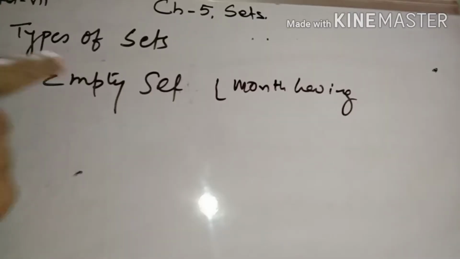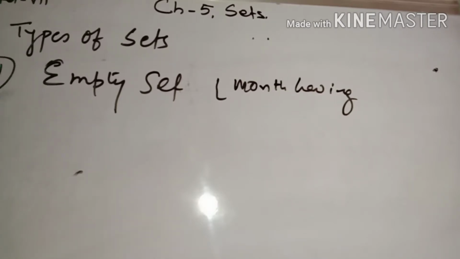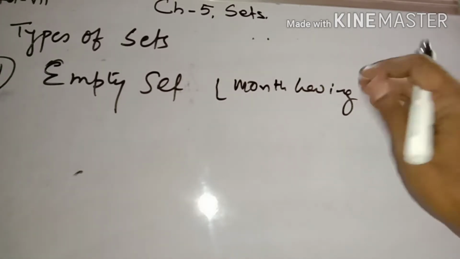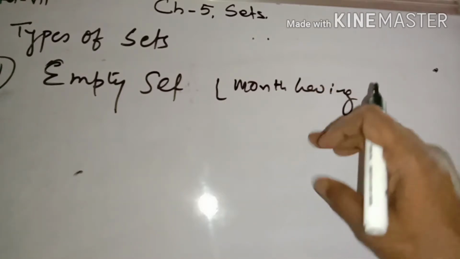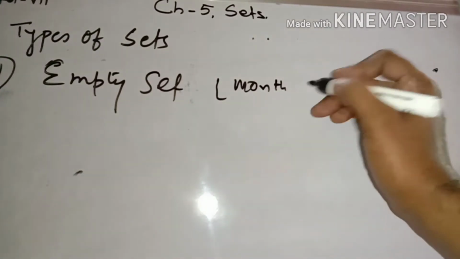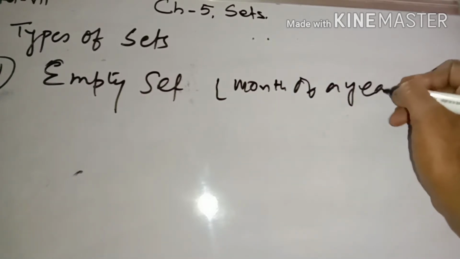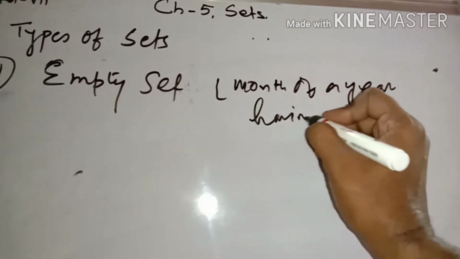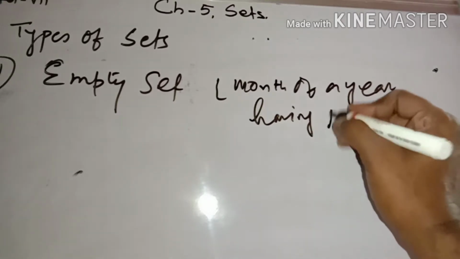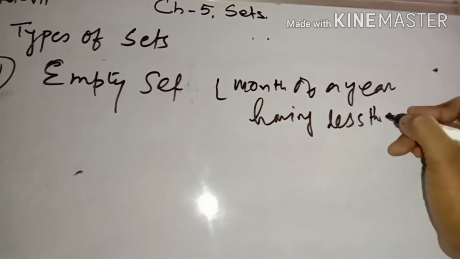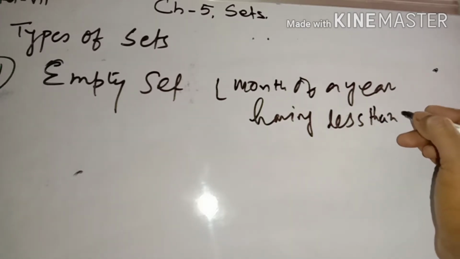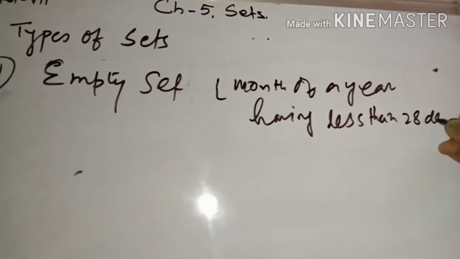Now see empty set. An example of empty set is: we can write months of a year having less than 28 days.